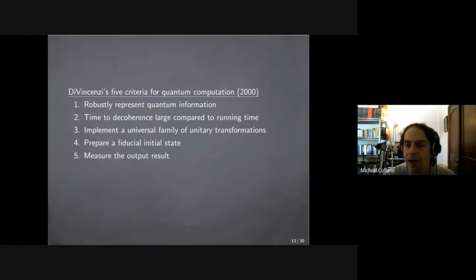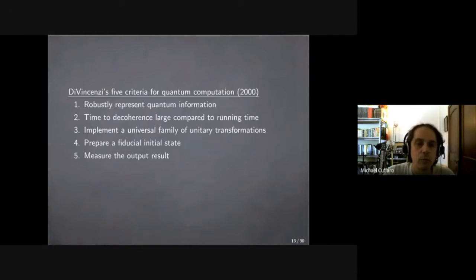Like, how do we know when we have one? And he isolated 5 different criteria for when that would be the case. And these apply to the circuit model of computation. As I'll get into briefly a little later, it's not the only model of computation, but with respect to the circuit model, this is typically what we would like to see in a quantum computer.